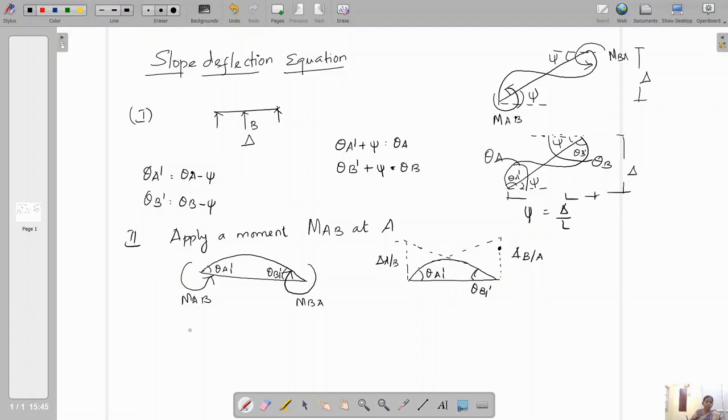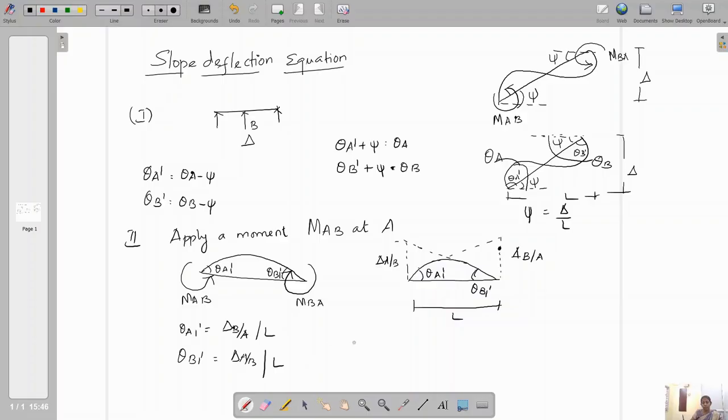We can write theta A1 dash equal to delta B by A and theta B1 dash equal to delta A by B divided by L because theta equal to opposite by adjacent. The adjacent length is L. Theta B1 dash equal to delta A by B by L. Theta A1 dash equal to delta B by A by L.